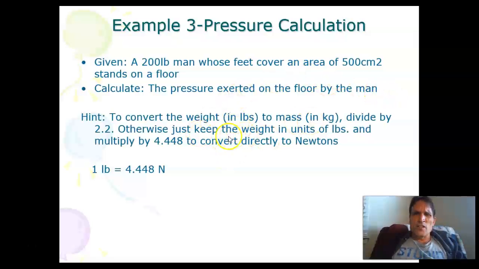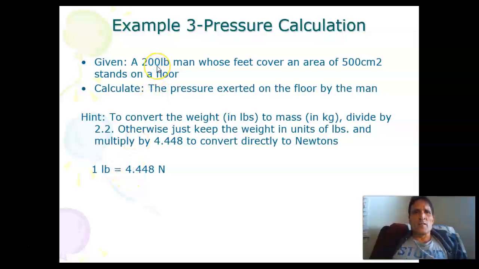Now in British units, 1 kilogram, which has a weight of 9.8 newtons, is the same as 2.2 pounds. And so 9.8 newtons must be the same as 2.2 pounds. So a conversion factor is that 1 pound is 4.48 newtons.